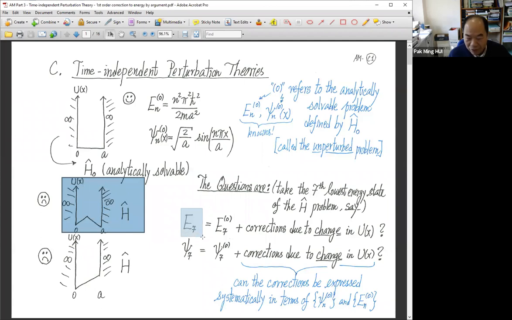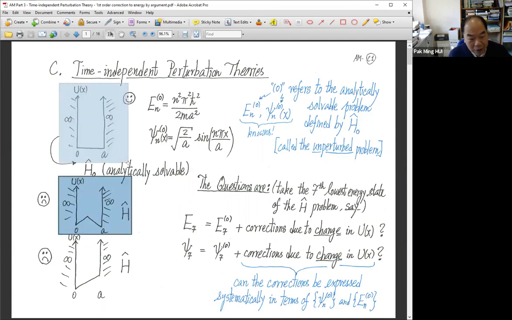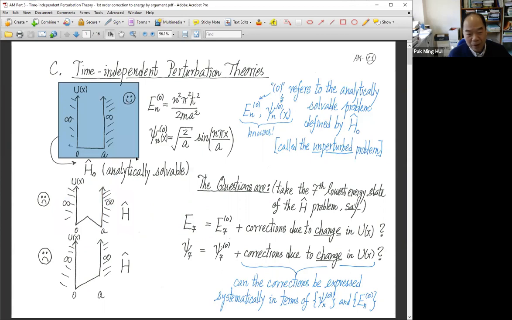I call it E7. But we realize that this problem is not too far away from this known problem. So we want to do something like the seventh energy of this problem may be close to the seventh energy of the known problem, 49 times this thing.